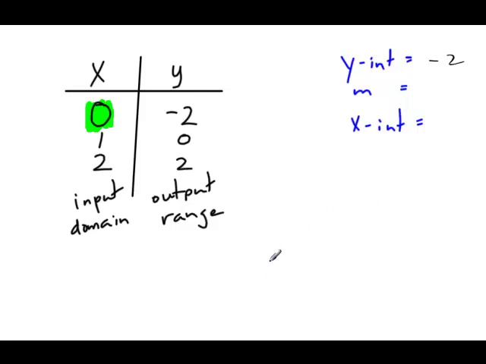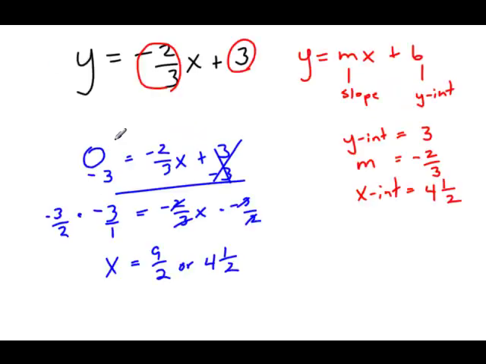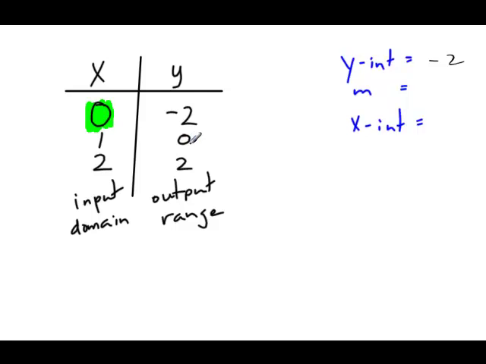Now in this particular problem, we actually have 0 for one of our y-coordinates. So just like I mentioned back here, when y is 0, we're given our x-intercept. That one is an easy one.